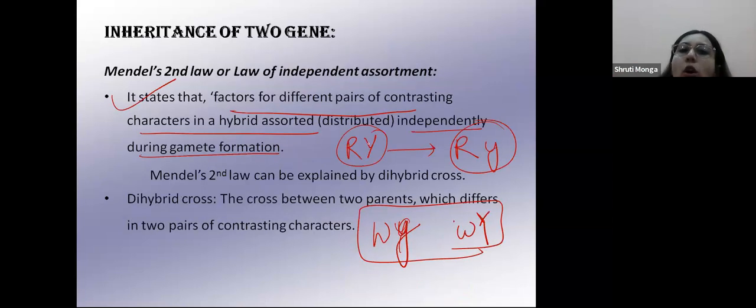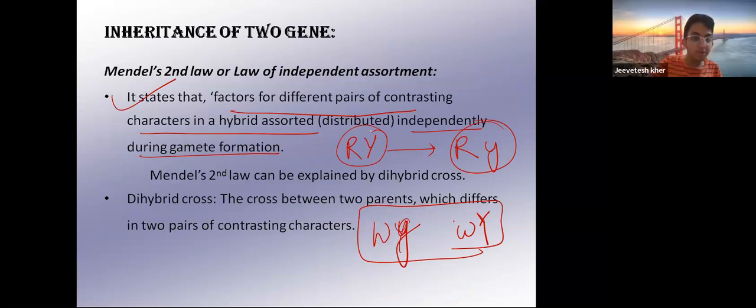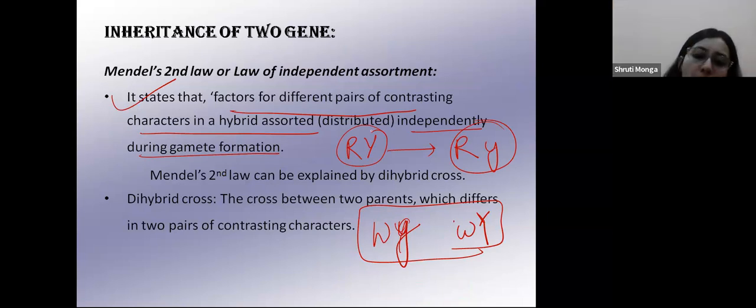Write down this law of independent assortment. Ma'am, for this also only the first point? Yes, only the first point.